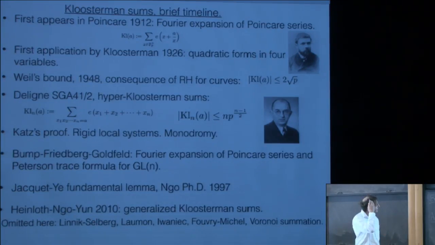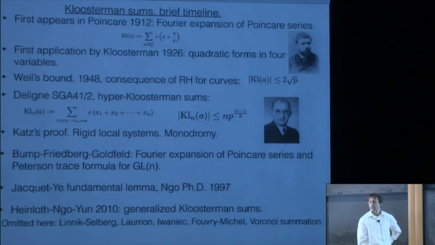It was first defined by Poincaré in 1912 for n equals 2. But the first time it was really applied to solve a problem was by Kloosterman. In 1926, he solved a question: which integers can be represented as a sum of 4 squares, maybe with coefficients.